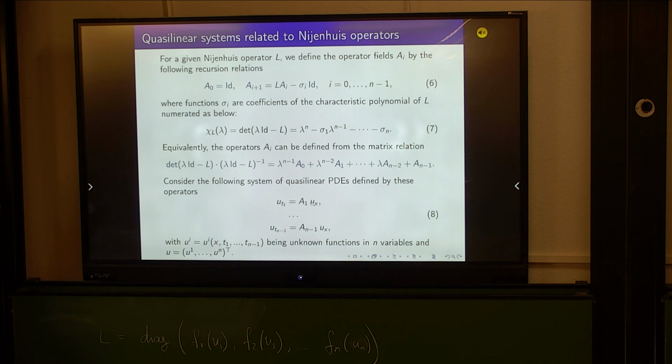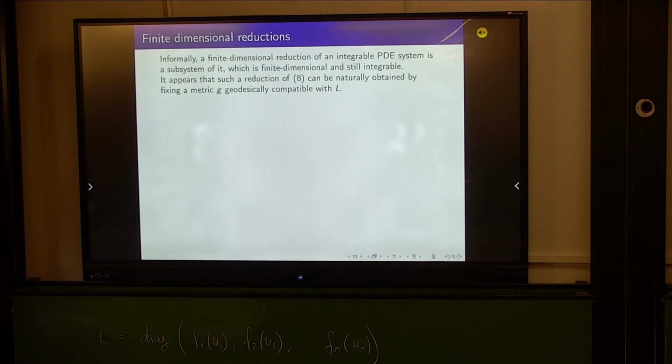So let's consider the PDE system defined by these operators. This system is known to be integrable. If you have an integrable infinite dimensional system, then to describe explicit solutions, usually people want to consider finite dimensional reductions.